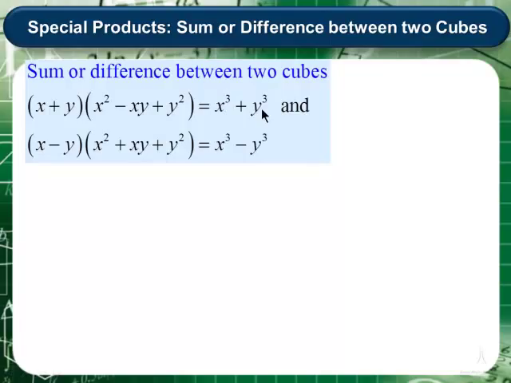Why will that be? Well, that is because some of the terms will cancel if we add similar terms in the expansion together, and we'll demonstrate that using the grid method in a moment.